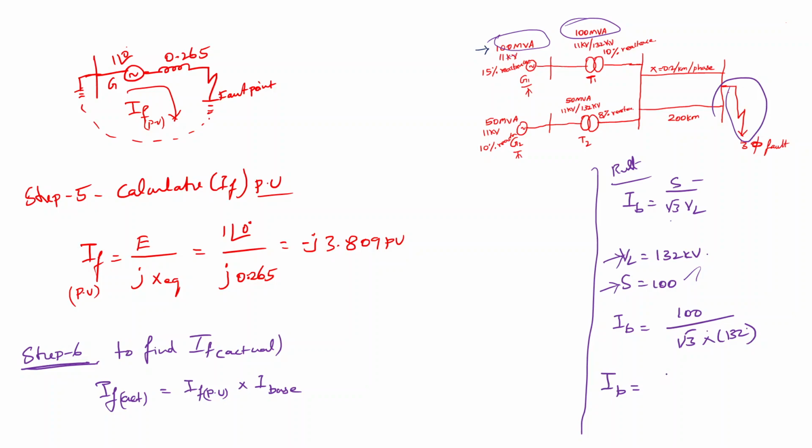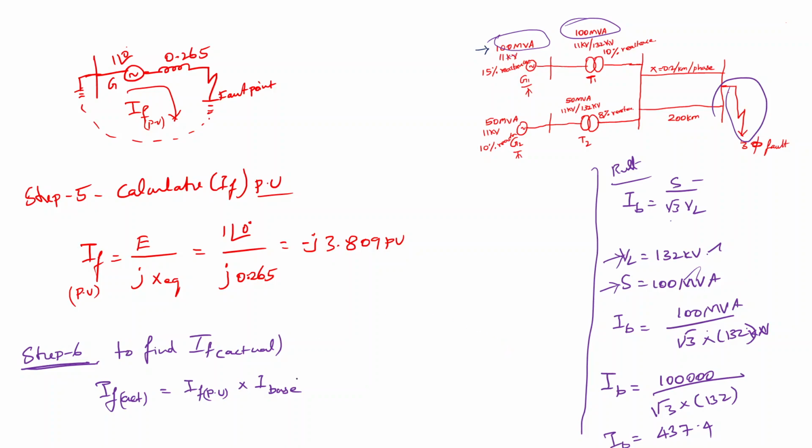But you need to consider that this 100 is in MVA and this is in kV, so accordingly calculate. MV means we put three more zeros, so 10 to the power of 3 divided by root 3 into 132 as it is. So IB is equal to 437.4. It's the correct answer, very good.